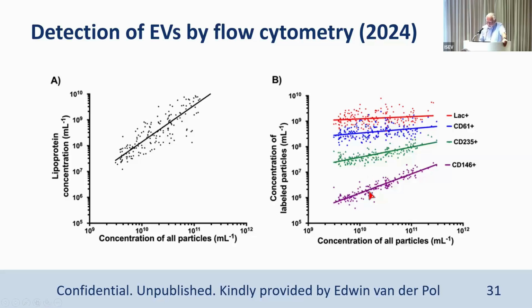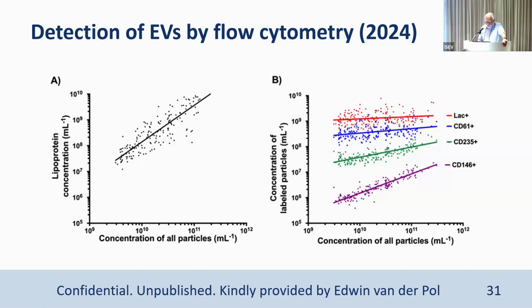But what you see is, especially for endothelial vesicles, there's a very strong correlation between the total number of particles and the concentration of labeled particles. So the concentration of endothelial vesicles is very low, but there seems to be a very steep relationship, a very nice correlation with the total number of particles, suggesting that perhaps we are staining lipoproteins here rather than vesicles.